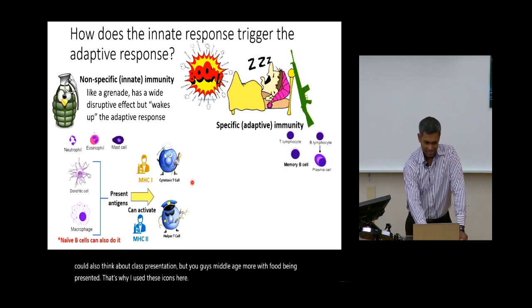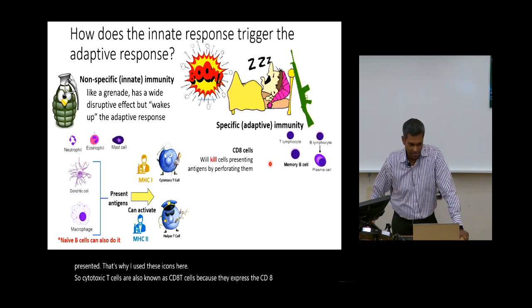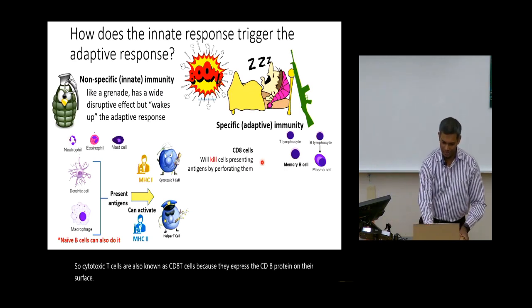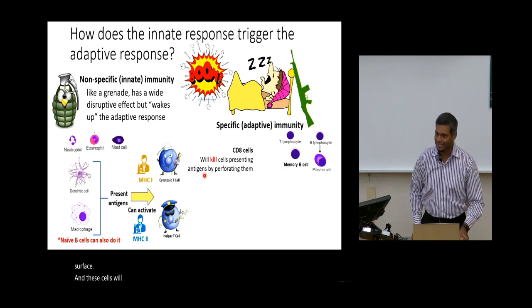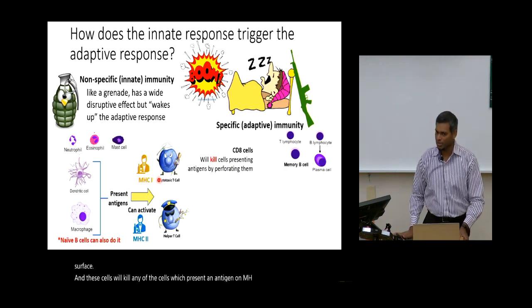So cytotoxic T cells are also known as CD8 cells because they express the CD8 protein on their surface, and these cells will kill any of the cells which present an antigen on MHC1 protein, right?